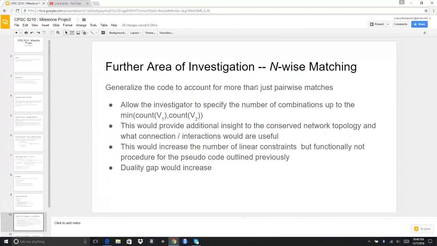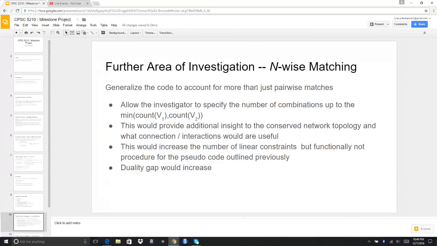Some downfalls of this is that it would increase the number of linear constraints, but functionally the procedure and the pseudocode outlined previously wouldn't drastically change. You'd still have the eigenvalues and go through and examine a duality gap between your upper and lower bound, and really have to rely on termination for percent change or runtime, saying only run for an hour and then cut off.